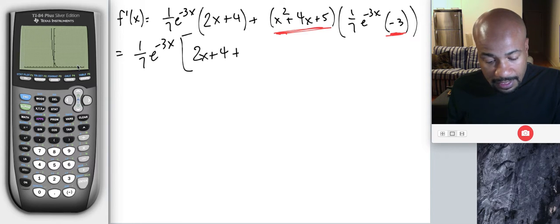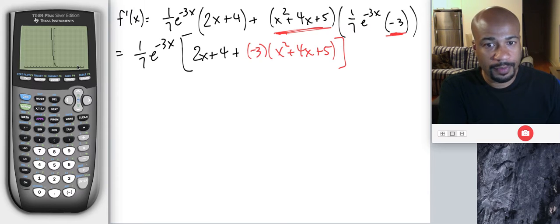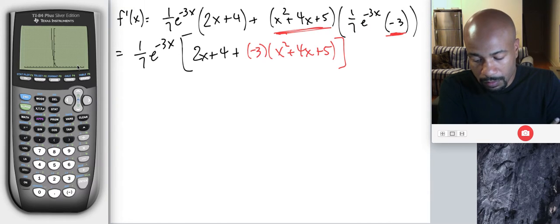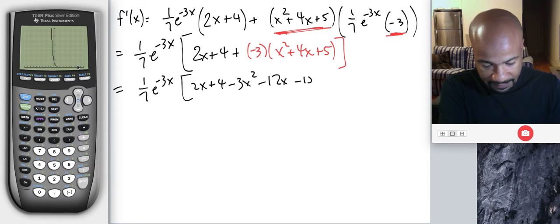So I'm just going to say, now all I have to simplify is this polynomial right here. So this gives me 2x plus 4 minus 3x squared minus 12x minus 15.